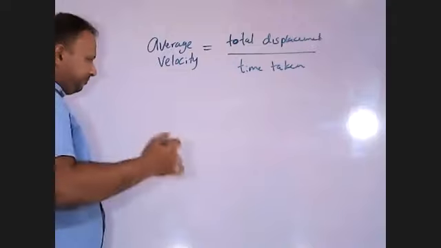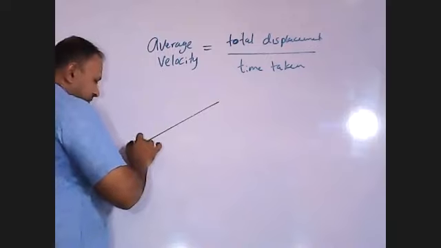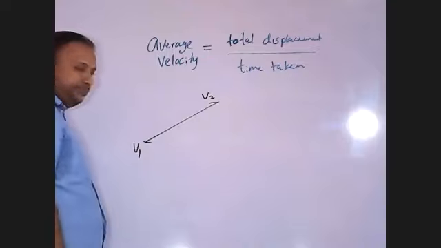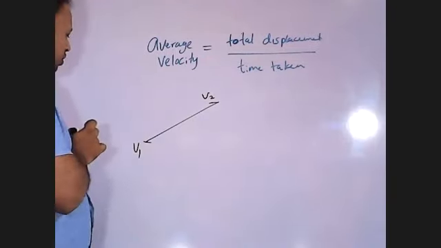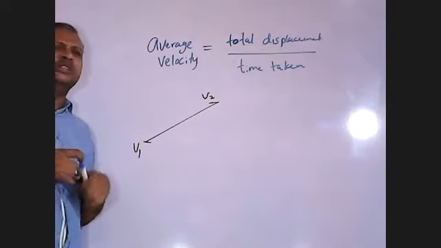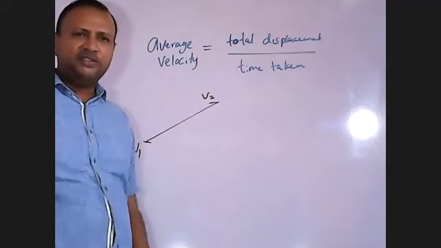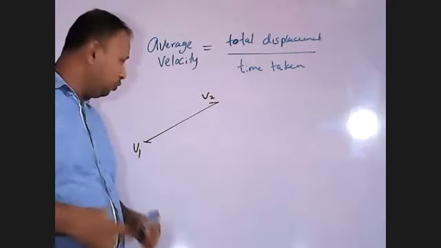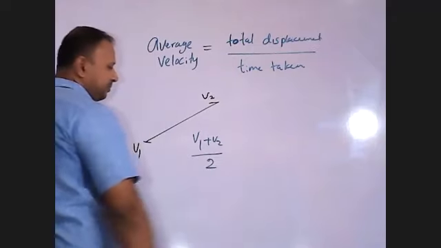Suppose the initial velocity is v1 and the final velocity is v2. So we can take the average velocity as the addition of v1 plus v2 over 2.